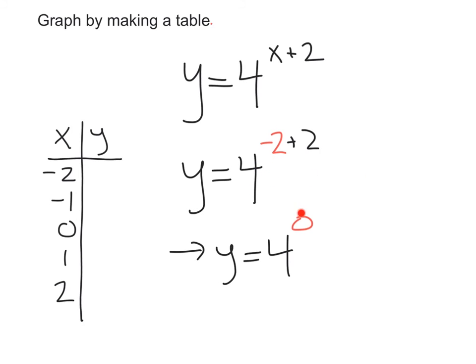Negative 2 plus 2 is 0, so we actually have 4 to the 0 power, which would be 1. So I'll let you finish these up, but if you have something adding or subtracting from the exponent, keep in mind that whole thing represents the exponent, and you need to take care of that first before dealing with your base.